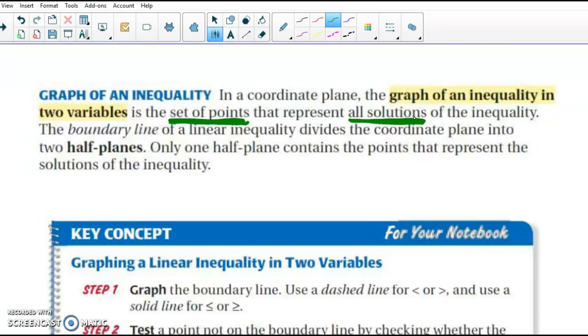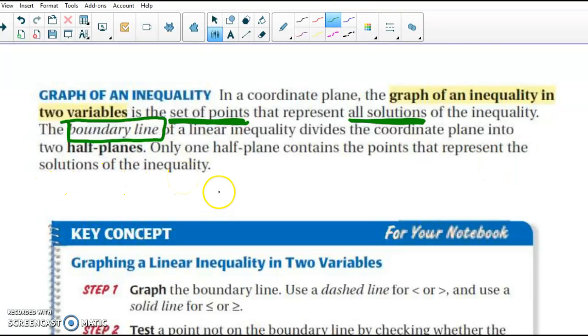So we are going to have what is called a boundary line. And this boundary line of our linear inequality divides the coordinate plane into two half planes, because this boundary line is going to extend forever in both directions. So it's going to take our whole plane and divide it into half planes. Only one half plane contains the points that represent the solutions of the inequality.